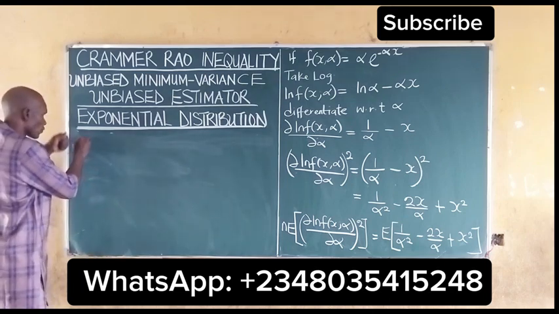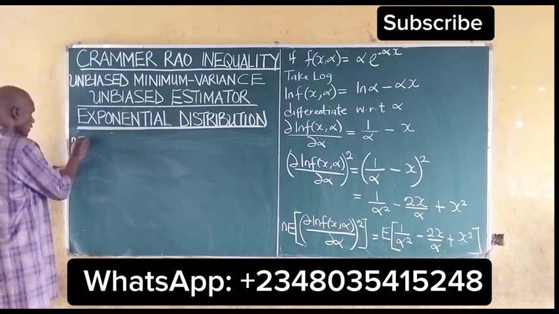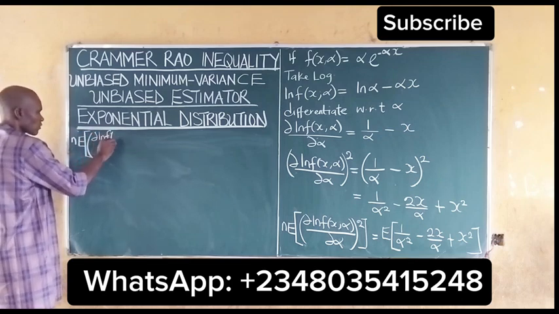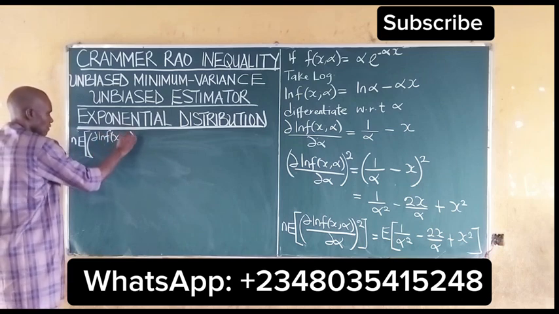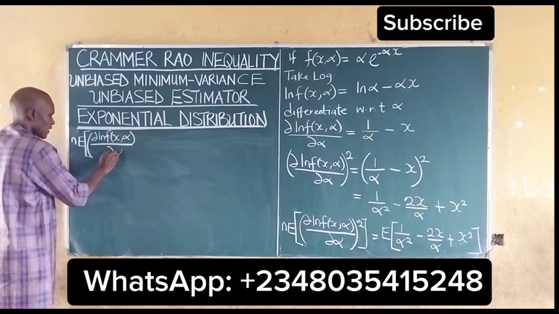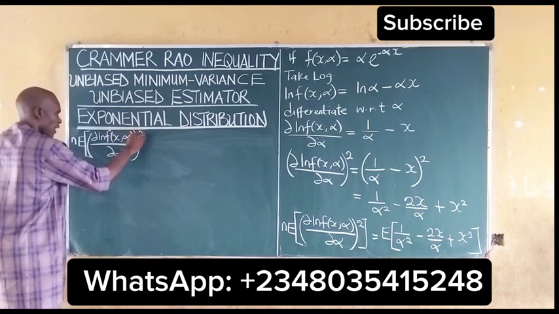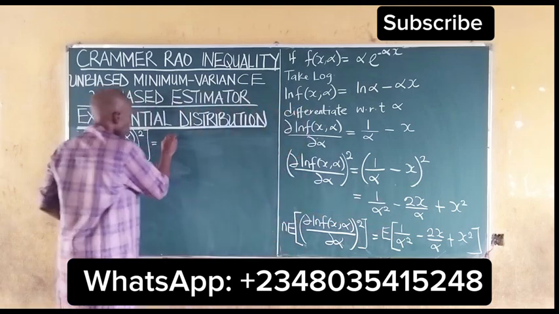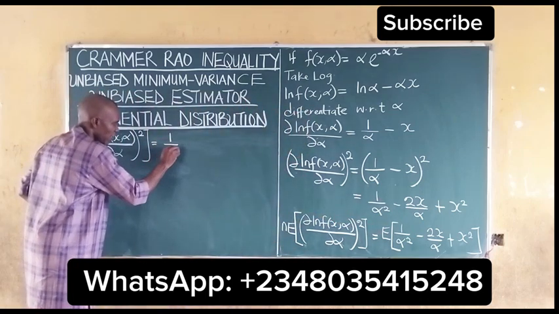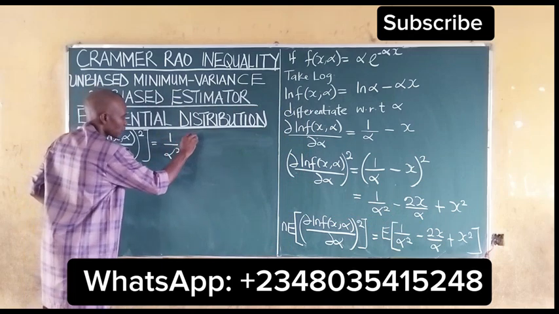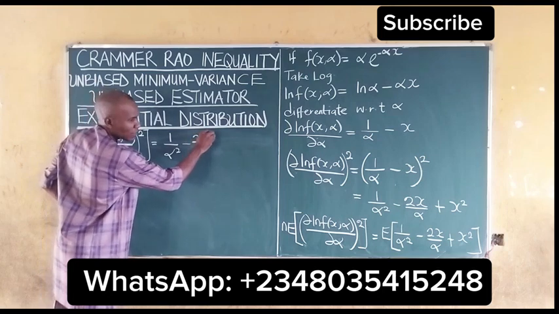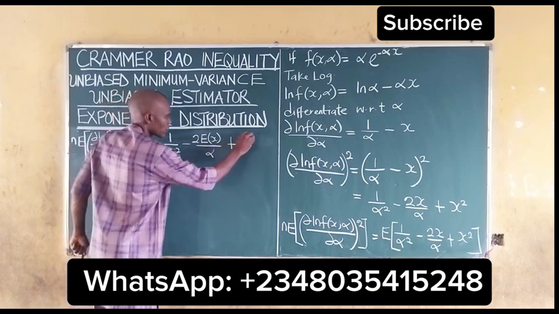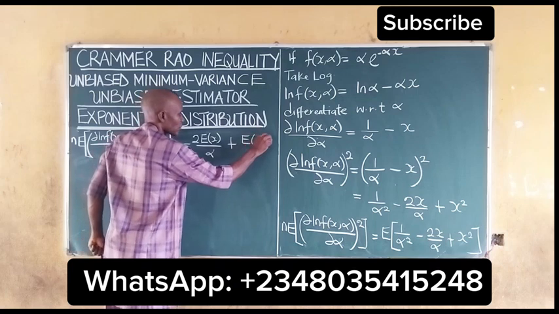Now, we have n times the expectation of the differential of the log function with respect to phi, all squared, equal to, if we open the brackets, 1 all over phi squared minus 2 times the expected value of x all over phi plus the expected value of x squared.